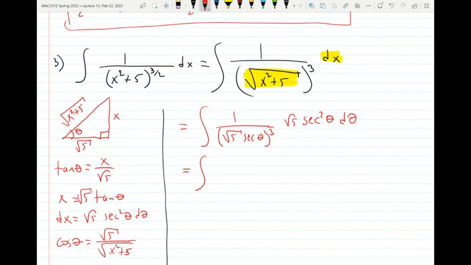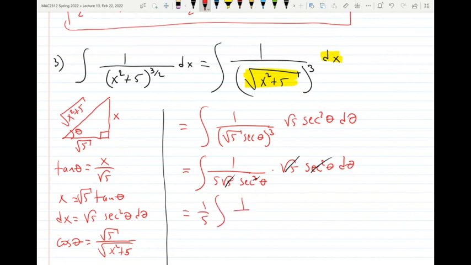The first 2 times, that's just a 5. So that's 5 square root of 5, so that would be 5 square root of 5 secant cubed. So now this square root of 5 is gone with this one, and we get a 5 in the denominator. And the secant squared is gone with 2 secants from the bottom. So we're going to get 1 over 5 times the integral of 1 over secant.